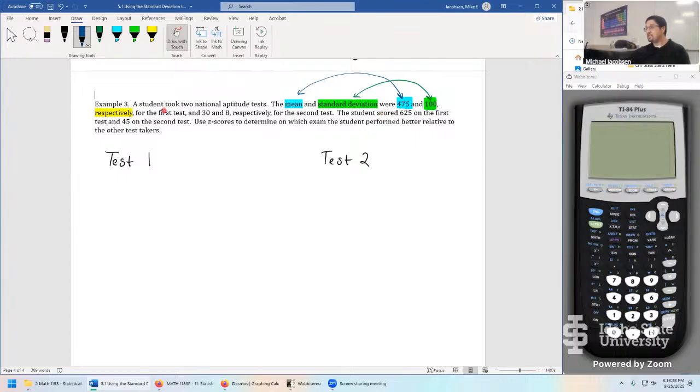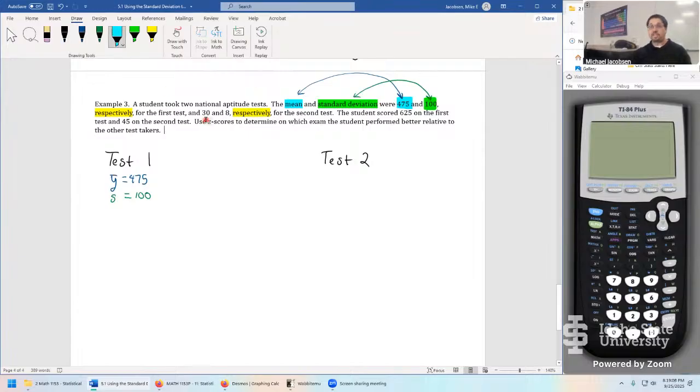So this is all for the first test. Let's carefully write down. Mean, y bar, is 475. Standard deviation is S, which is 100. Then it says 30 and 8 respectively for the second test. So there's that word again. When it says respectively, same correspondence.